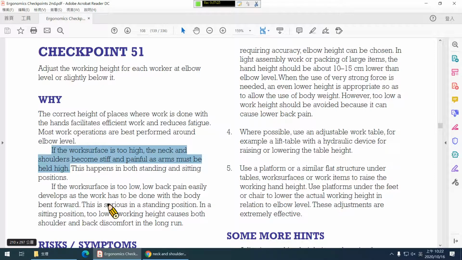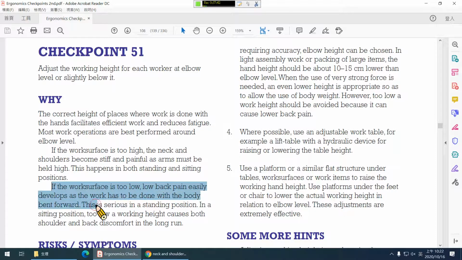Okay, so if the surface is too high, that's a problem. How about if the surface is too low? Is there a problem? If the work surface is too low, low back pain easily develops as the work has to be done with the body bent forward. This is a serious situation in standing position.